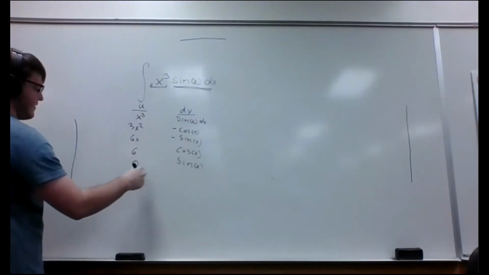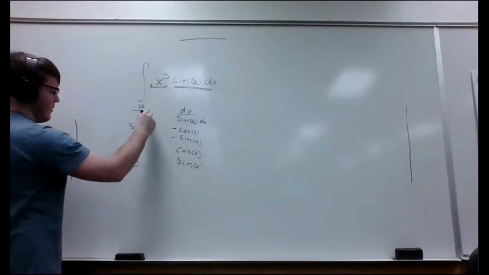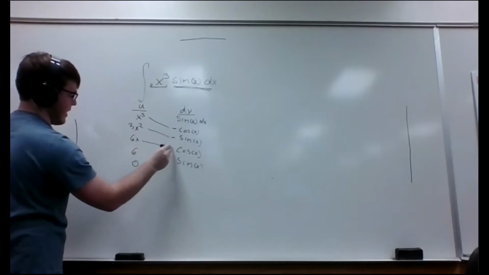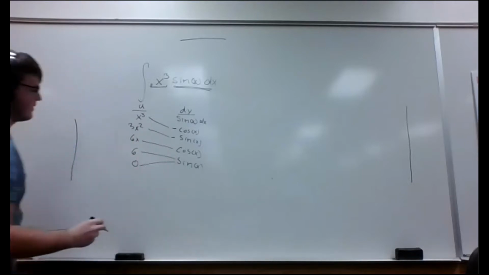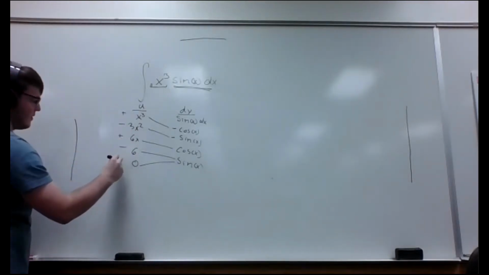I didn't space them out very well, but that's how many we need to go, right? And then we're going to draw lines like this. And it starts with positive, positive, negative, positive, negative, positive.